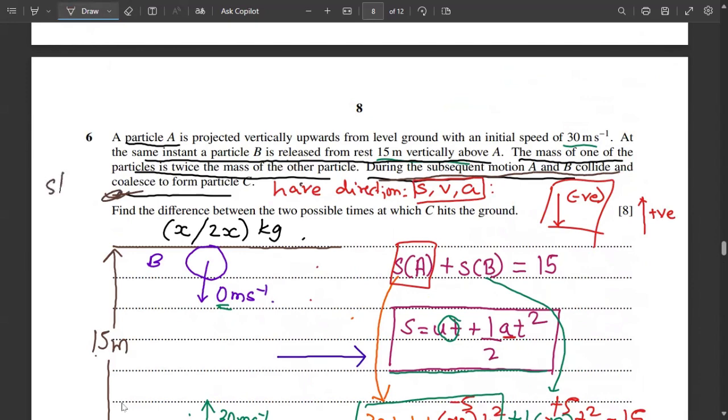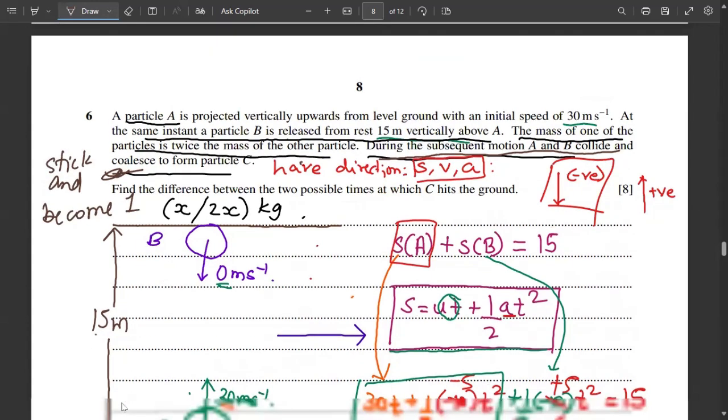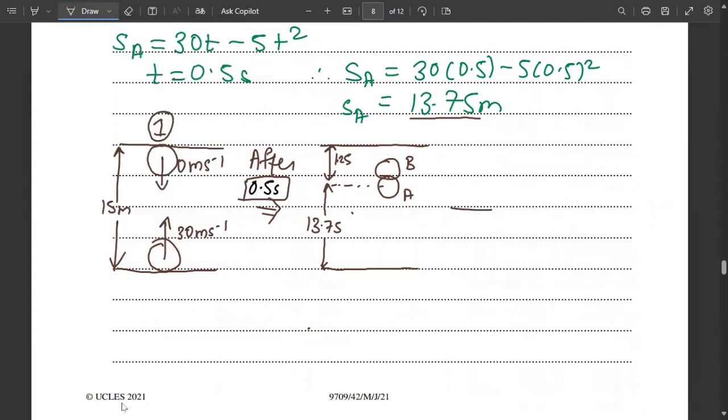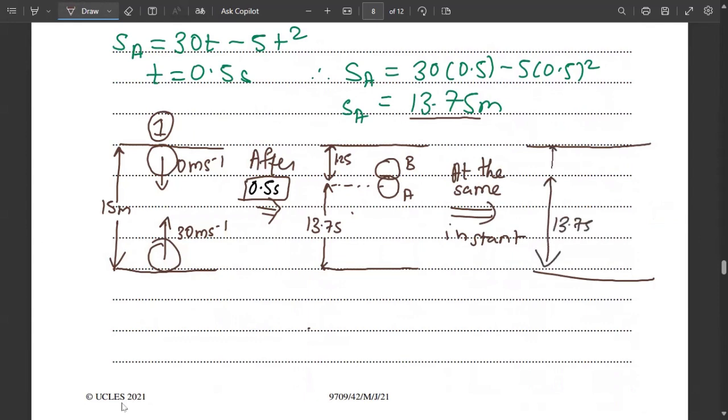Coalesce is nothing but stick, stick and become one to form particle C. So what will happen is, at the same instant, here this will be 13.75, this will be 1.25, and somewhere here A and B combine, merge to form C. So this becomes one entire block, C.